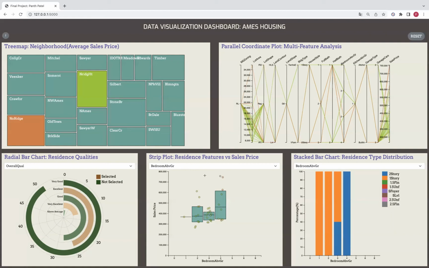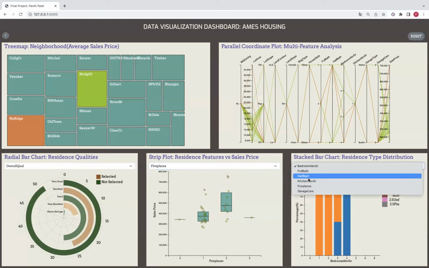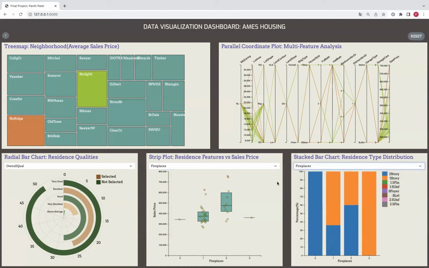And over here, there are multiple residence features that the user can select. For example, if we are fond of fireplaces, we can also select the same fireplace on the stack bar chart to compare evenly.